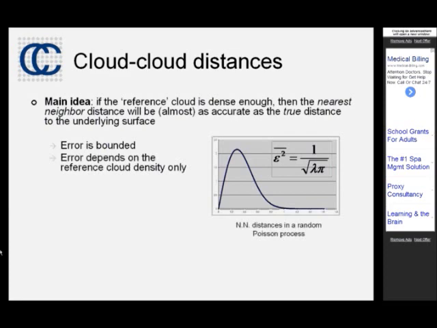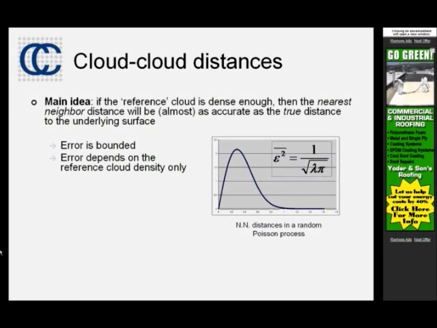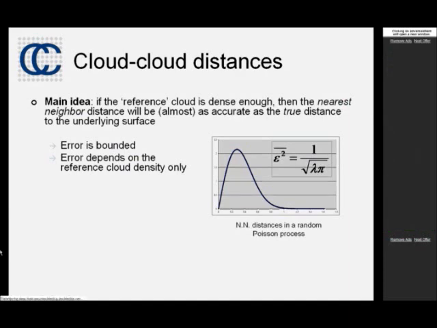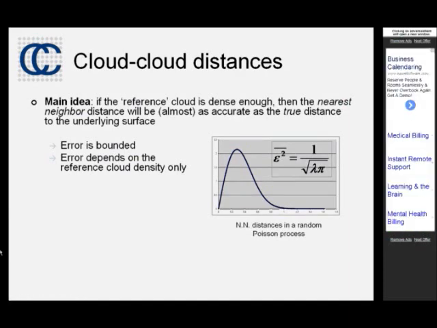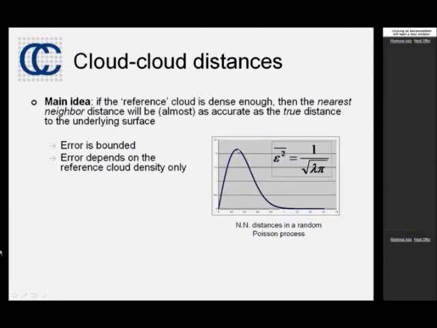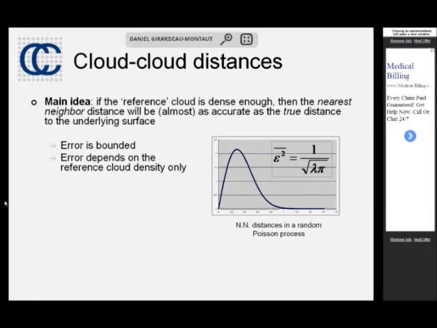I only wanted to show you this curve because this is the distribution of distances in a random Poisson process. It simply means that if you sample points randomly on a surface and then you look at their relative distance, depending on the density, most of the points will be at a given distance, and you'll get much fewer points at lower or higher distances.